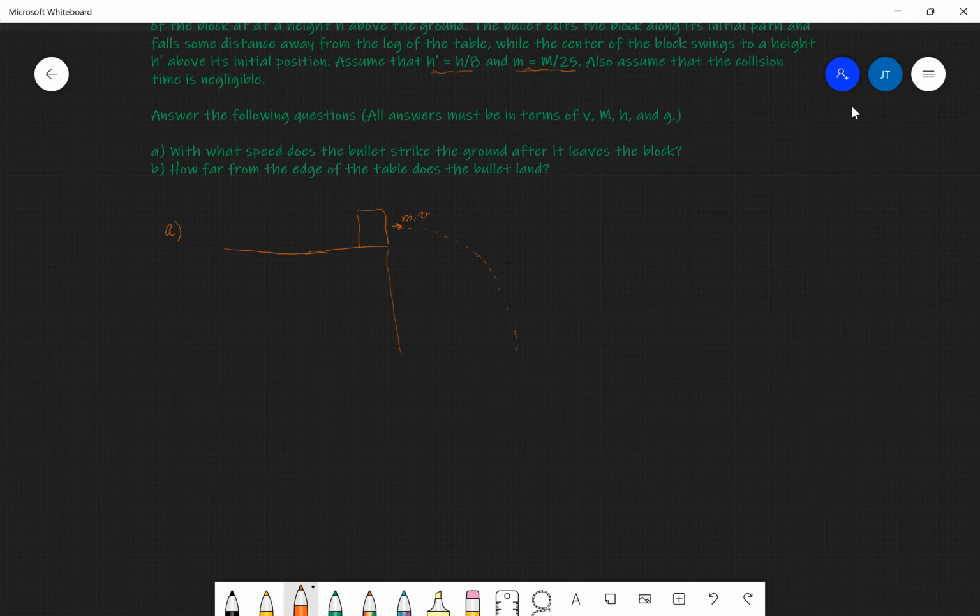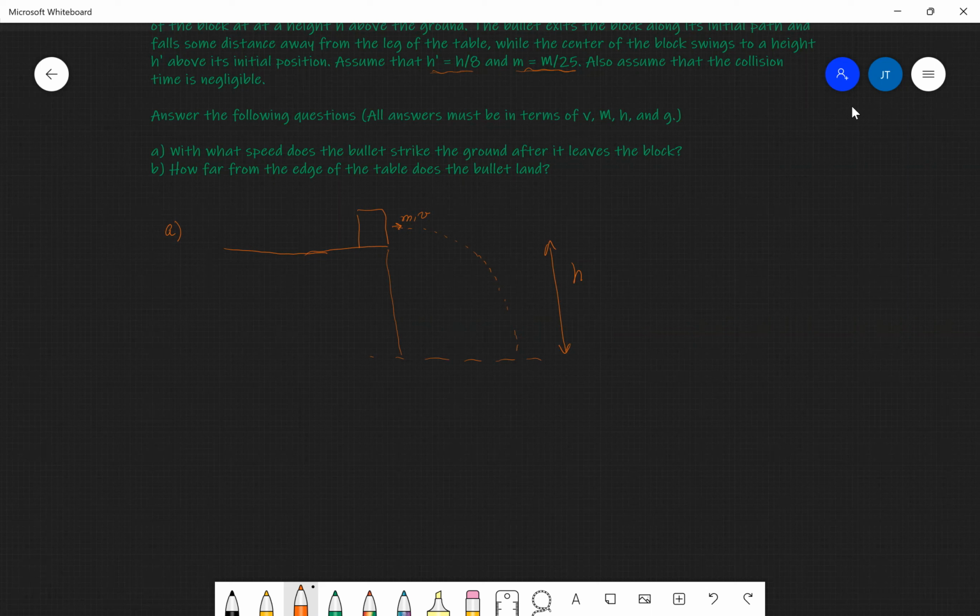Here's the leg of the table and it falls a distance h. Now, whether we're using kinematics or conservation of energy, we need to know this velocity v. And it's purely horizontal. Okay.